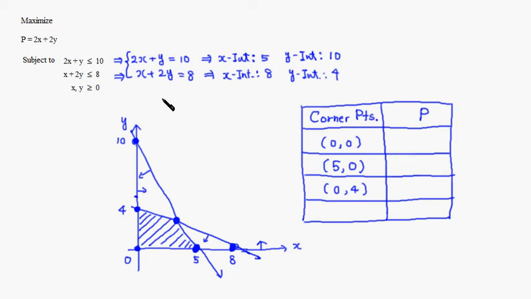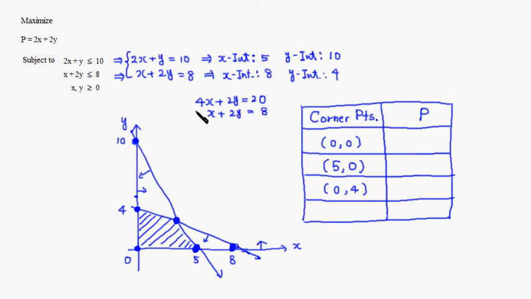I would multiply the top equation by 2, so you would get 4x plus 2y is equal to 20. The bottom equation I'll keep exactly as it was: x plus 2y is equal to 8.